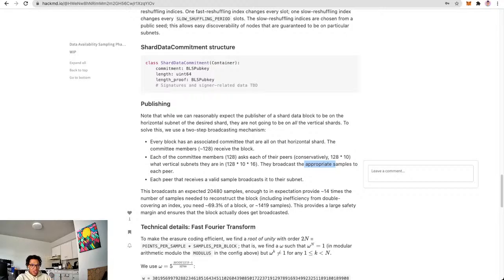Including inefficiency from double covering an index, you need around 69.3% of a block, or around 1,419 samples.